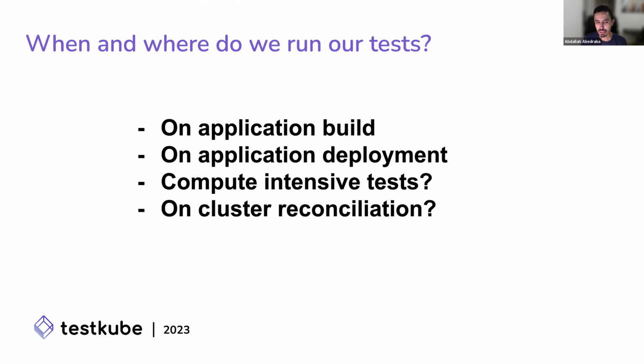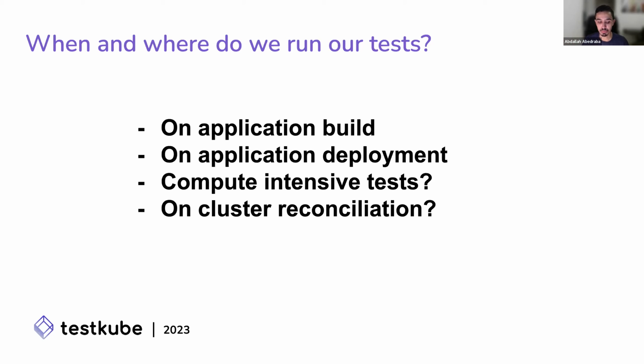But then another interesting question is, can I run tests on cluster reconciliation? So that Flux, once it reconciles the state of the cluster with what you have in GitHub, it produces some events. It would be actually interesting to test the cluster once everything is actually deployed, because sometimes it takes a minute, but sometimes it takes hours to deploy stuff.